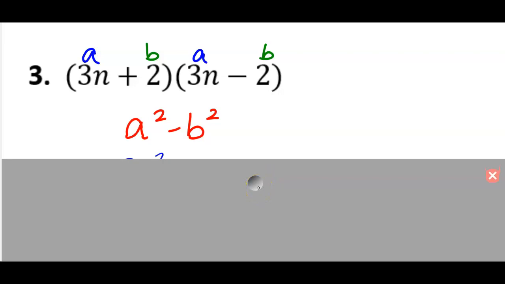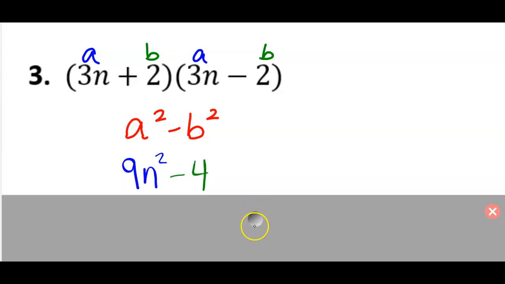A squared minus b squared would give me 9n squared, a minus sign, and 2 times 2 is 4. Okay? Now, if you don't feel comfortable with this rule, we can always figure that out.